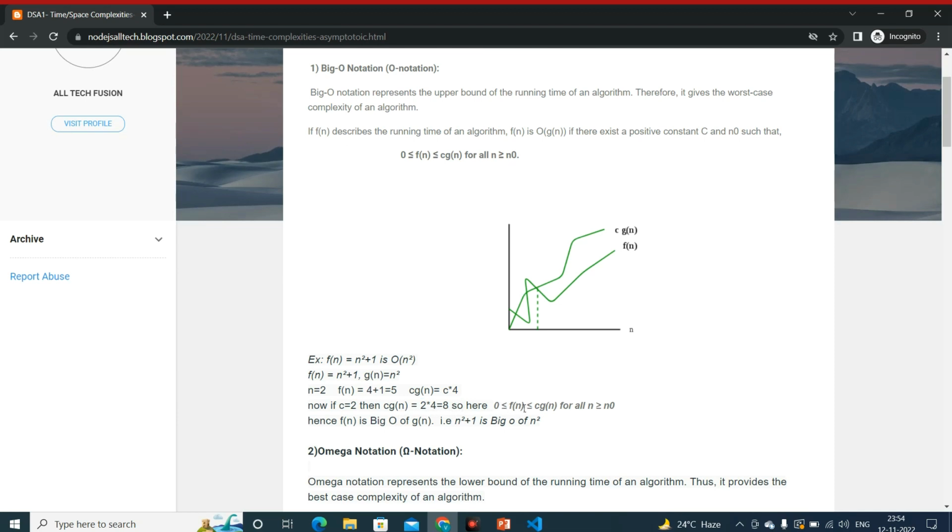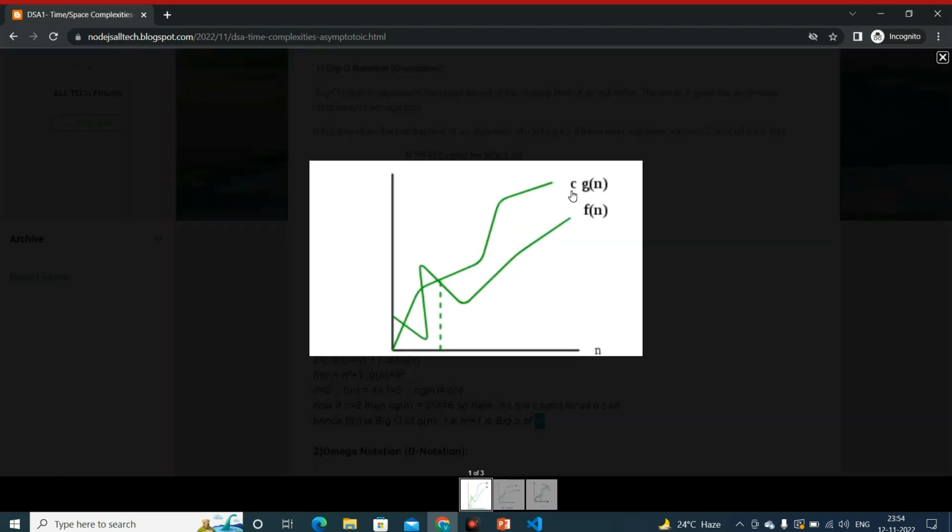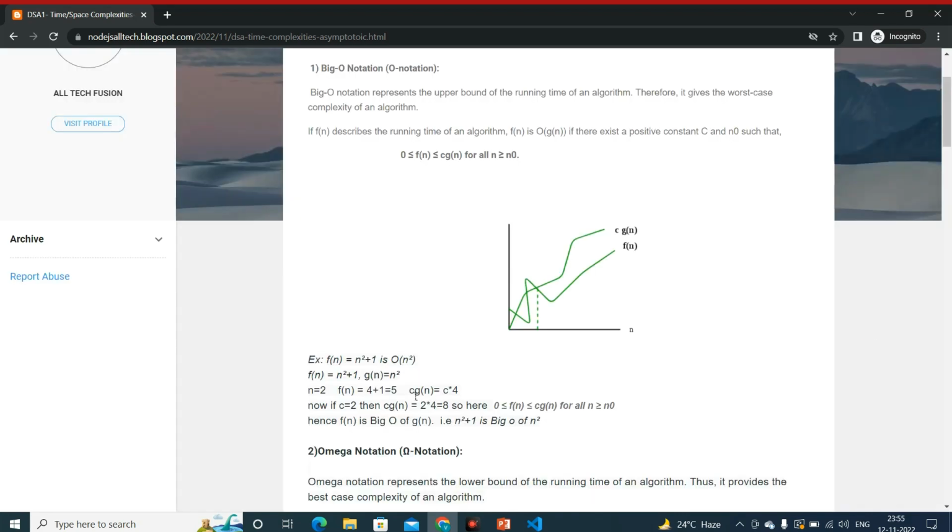That means f of n, which is 5, lies between 0 and 8. It means it is lying between 0 and c g of n. Hence, n square plus 1 is big O of n square. I think now it's clear to all. From the graph also we can check that c g of n is always lying above f of n, which means it is the upper boundary, and f of n is lying below c g of n.